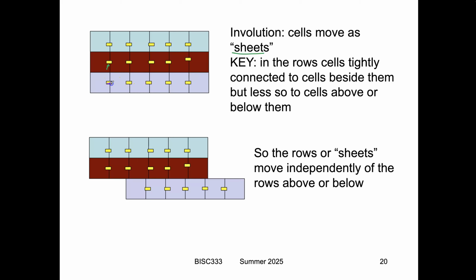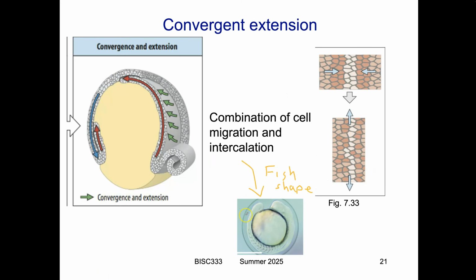And there are still strong connections between the cells in the row, and so that allows one row of cells to move in and around and inside the embryo, while leaving some of these other rows of cells on the outside, and they're going to complete the surrounding of the yolk. So I find simplified diagrams like this can be helpful for understanding what's happening on a larger scale.